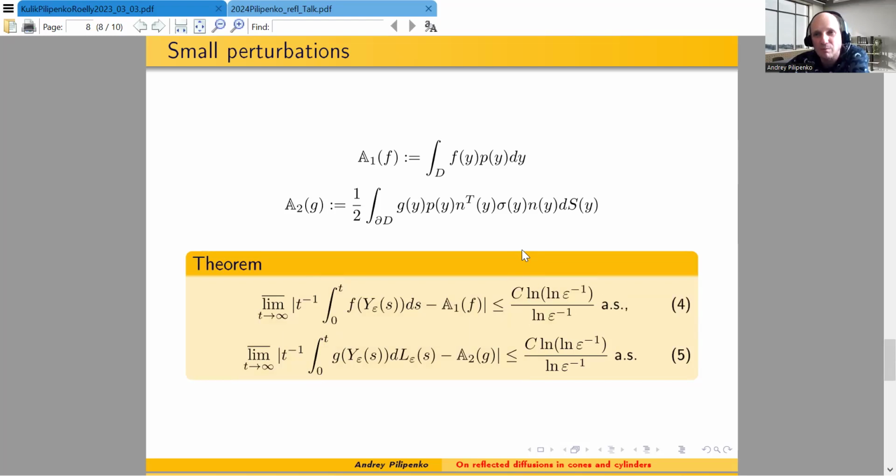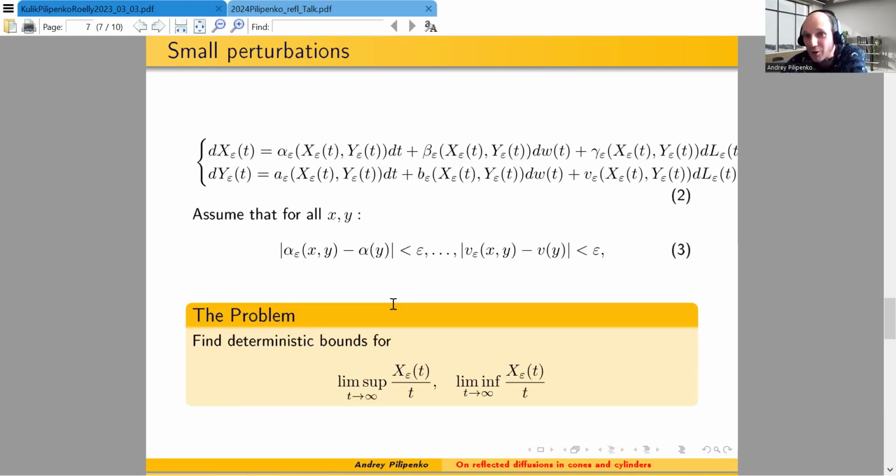We used some coupling methods with stationary processes, some estimates for martingales, and so on. So this theorem is an analog of the law of large numbers for additive functionals of a non-homogeneous Markov process whose coefficients are close to a homogeneous Markov process.